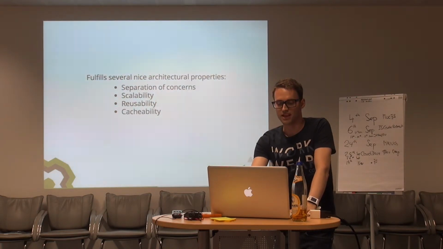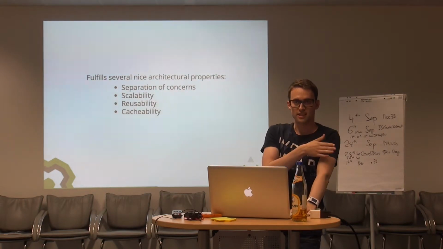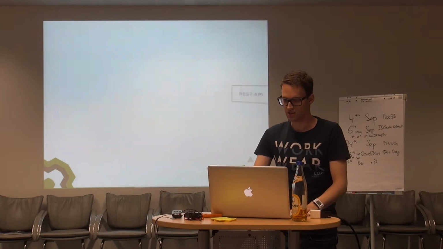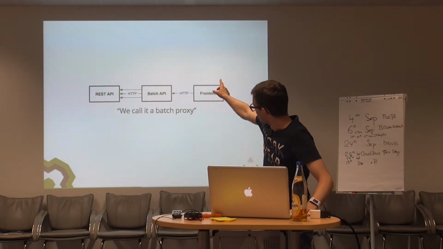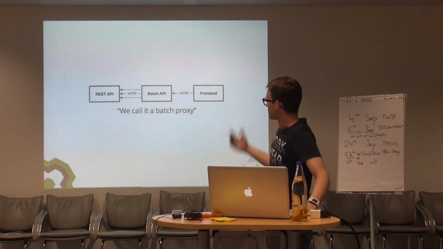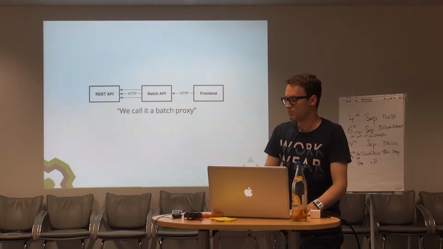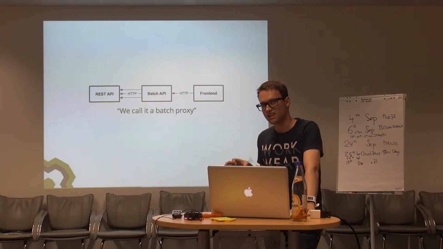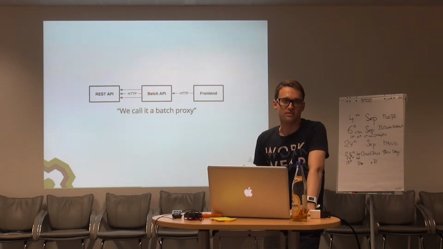You can still have a caching layer between the REST API backend and the batch API. So in between the multiple HTTP part on the left side, you can just put an HTTP frontend cache in between. Between the frontend and the batch API, it's not so easy because you can only cache this request if it only contains GET methods.